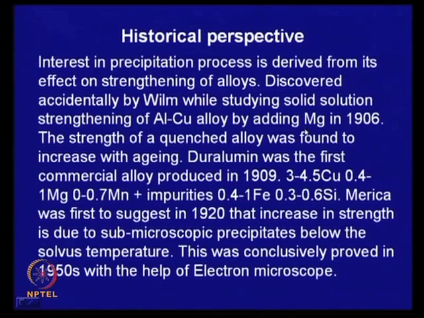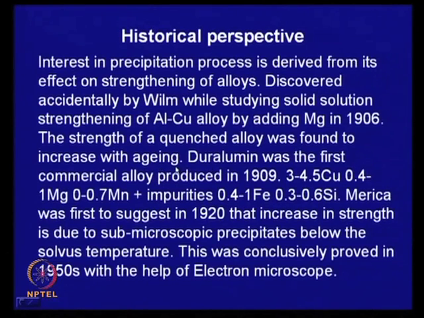The logic was that if you keep more alloying element in the solid solution, the strength should increase. But in his case he found that there was no increase in strength, but the quenched alloy was left for a few days, and then suddenly one day he tried to find out the hardness of that. He found the hardness increases and increases with the time of aging.